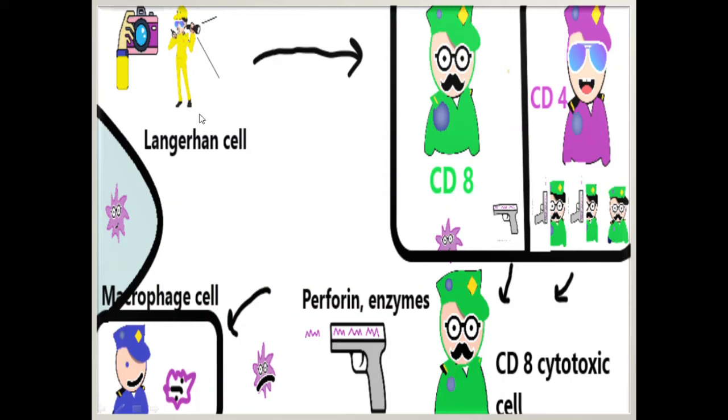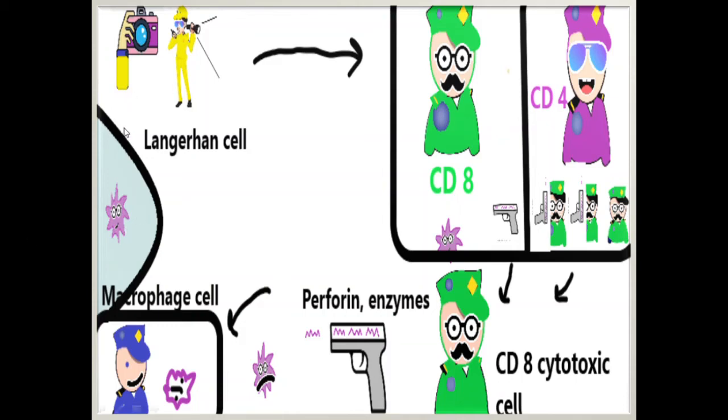This is a surveillance officer, or Langerhans cell, that I have told you about. The duty of the Langerhans cell is as a surveillance officer. So it's looking now. The Langerhans cell notices a suspicious antigen, or suspicious virus or bacteria.